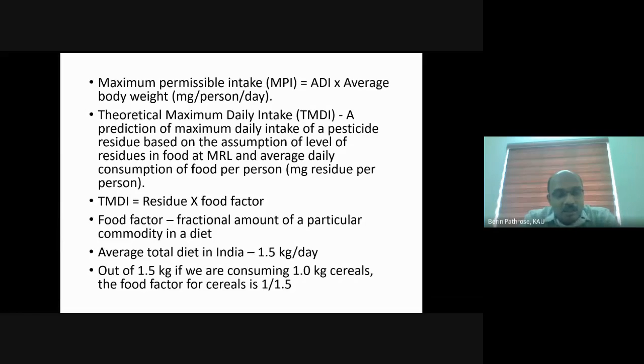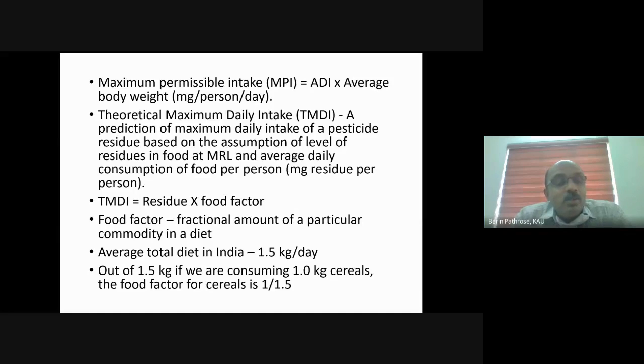So what is your body weight, Abhishek? Rahul and Shiga, you can just type your body weight. Rahul is 69, Shiga is 45, Abhishek is 69. So Rahul is the person who can consume the maximum quantity of pesticide. Shiga can consume the least quantity, because she has the least body weight.